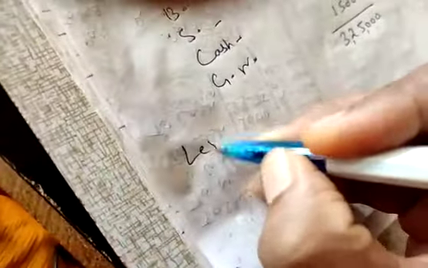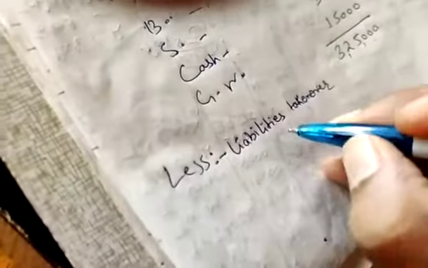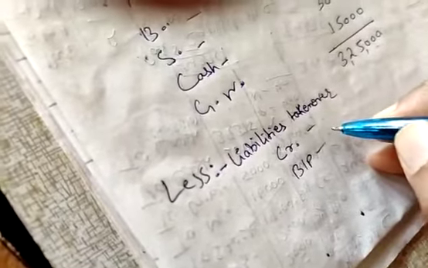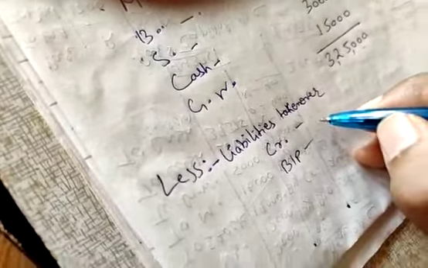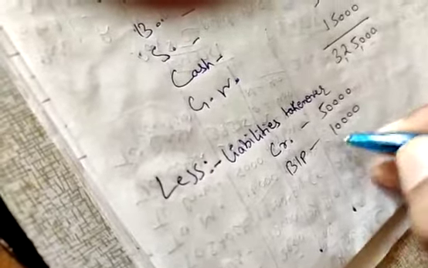Now in this we have to deduct liabilities taken over. So two liabilities were given in the balance sheet. One was creditors, one was bills payable, and they have taken all at book value, assets and liabilities. So liabilities at book value: creditors 50,000, bills payable 10,000.